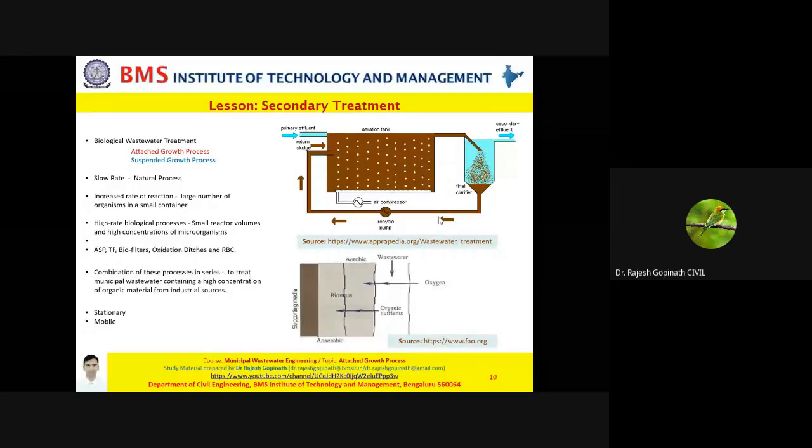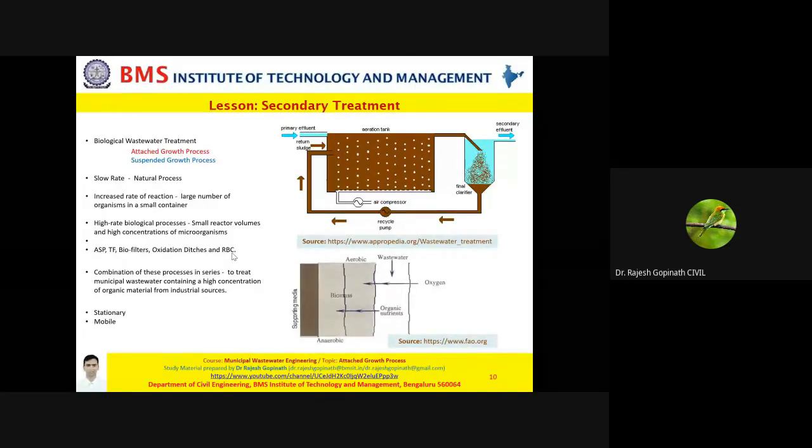There are two ways in which biological treatment takes place. One is the attached growth process, which you see below, and the other is the suspended growth process. Irrespective of attached or suspended, we need to realize that when microorganisms naturally feed upon the impurities, the rate of progression is slow.